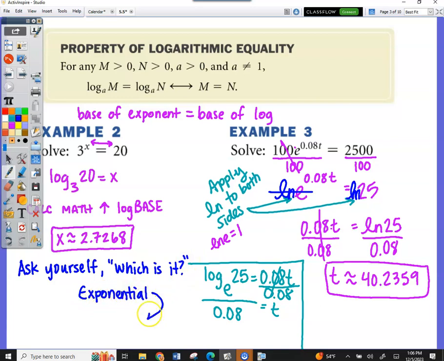Because if it is, then go to what? Logarithmic. If it's logarithmic, go to what? Exponential. So you ask yourself, which one is it? And then you switch to the other one. And you see if it's helpful. And it should be if you did it right.